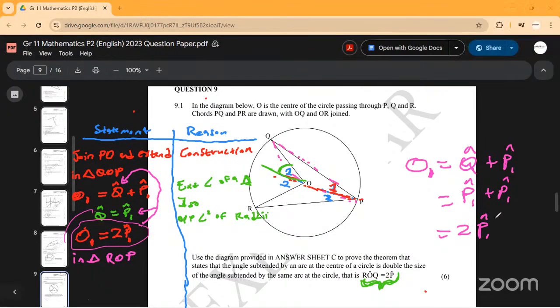Maybe step by step. Look, do you agree that P1 and Q are equal? If you agree that P1 and Q are equal, it means where there's Q, you can put P1 in the space of Q. We call it substitution. I'm so confused.